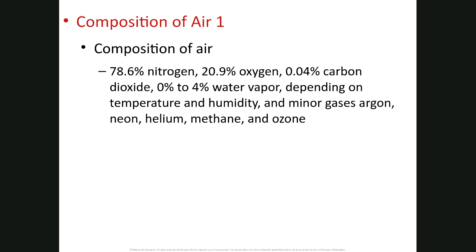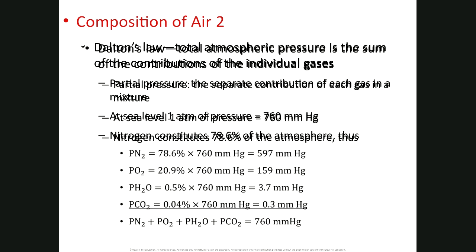These are all a mixture of gases with some dominance. Dalton's law says that total atmospheric pressure is the sum of the contributions of the individual gases. Each gas has a certain pressure, and when combined, that will be your atmospheric pressure.